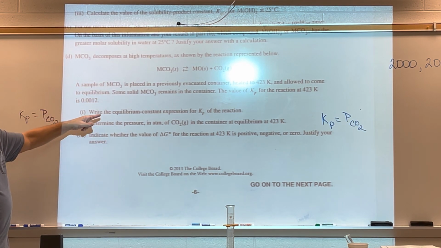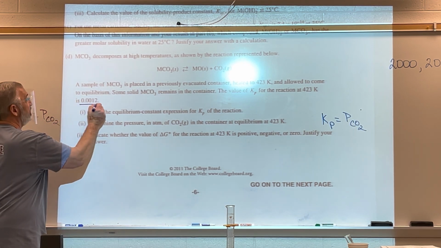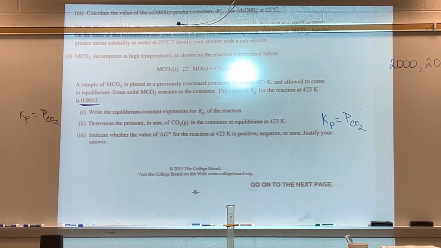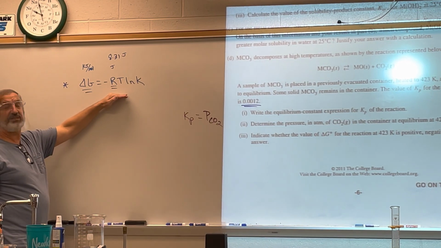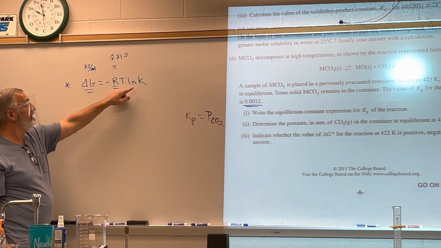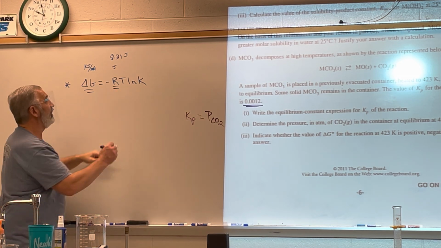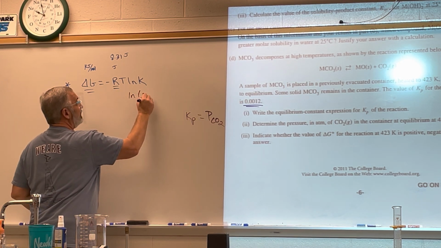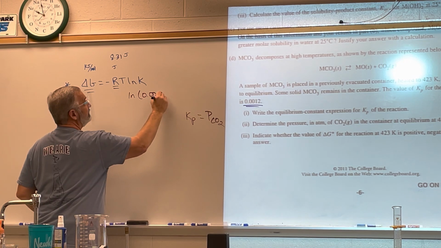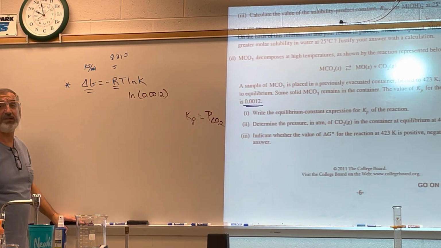Okay? Then it says the value of Kp for the reaction is 0.0012. So if I plug this into here, okay, what's the natural log of 0.0012? Is that going to be a positive or negative number?